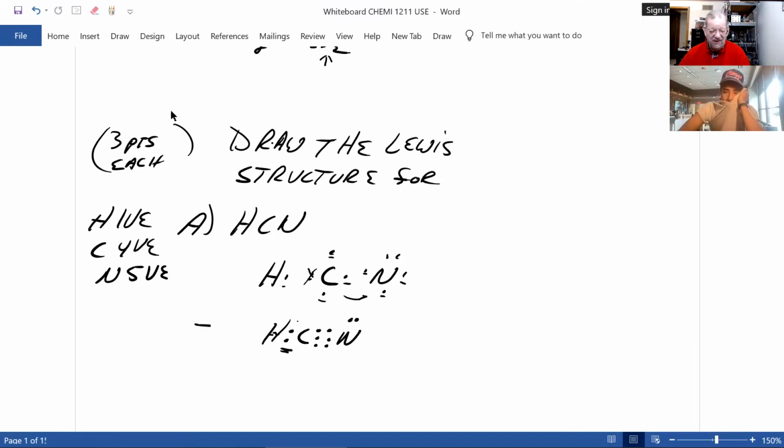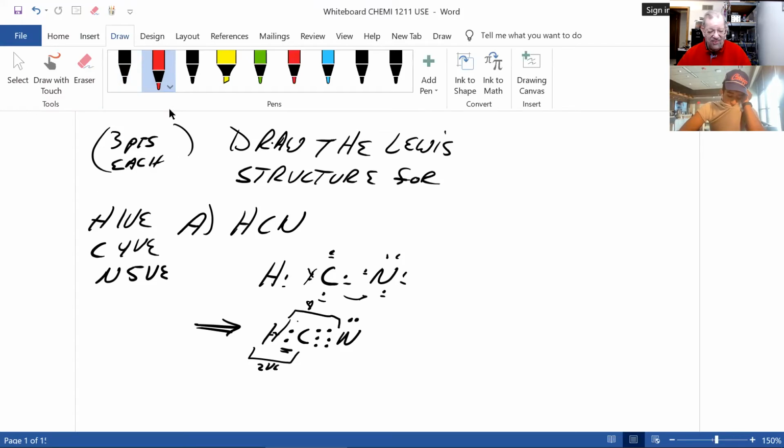And here it is. Now, if we look at hydrogen, it has 2 valence electrons, one of its own, the other sharing from carbon. The exception to the octet rule is hydrogen. Its octet is 2. Now, if we look at carbon, it has 2, 4, 6, 8, and it's got an octet.